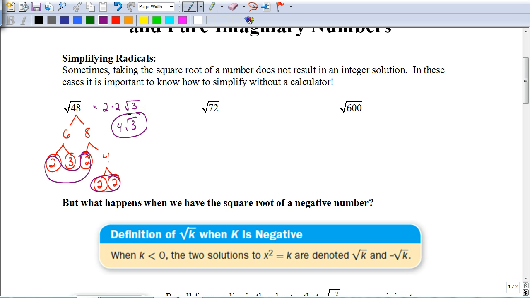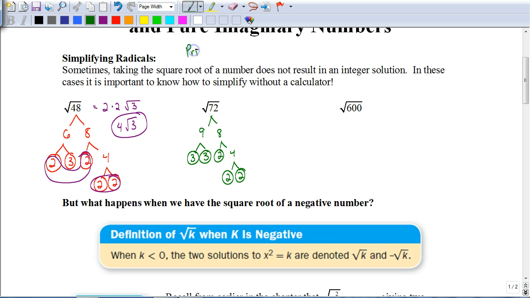Let's look at another one. Square root of 72. That breaks down into 9 times 8. 9 breaks down into 3 times 3. Those are both prime. 8 breaks down into 2 times 4. 2 is prime. And 4 breaks down into 2 and 2. Now note about prime numbers.